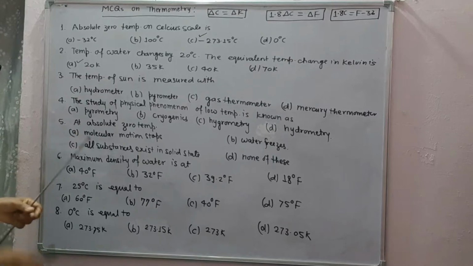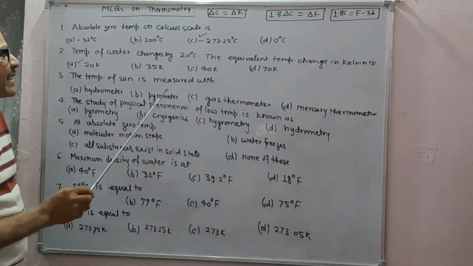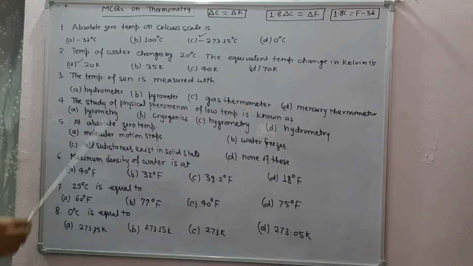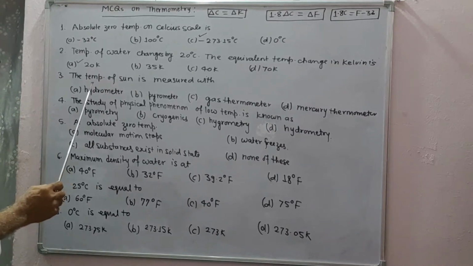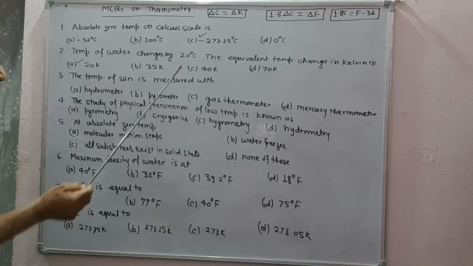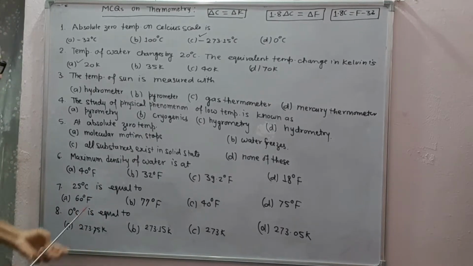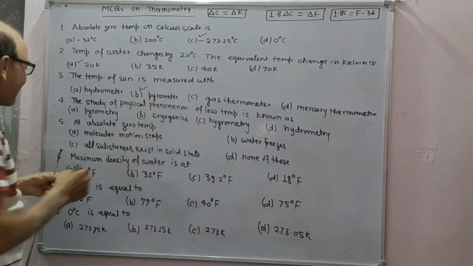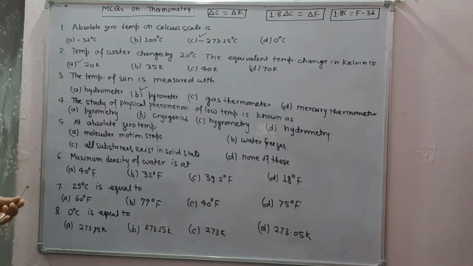Next, question number 3. The temperature of sun is measured with, these are the options, and as you know, temperature of sun is measured with pyrometer, and the process is known as pyrometry. Therefore, the correct option will be B. Next question, number 4.